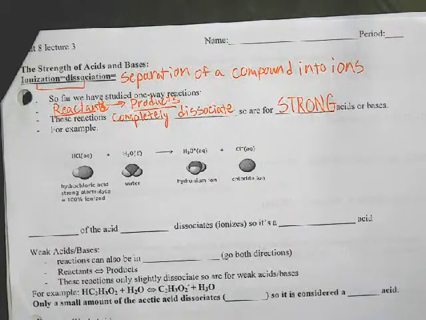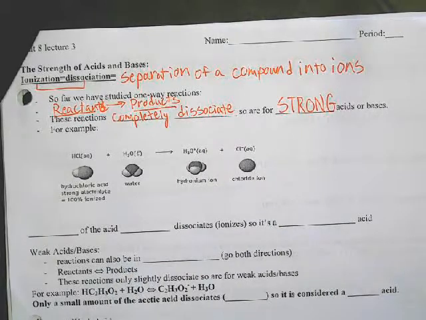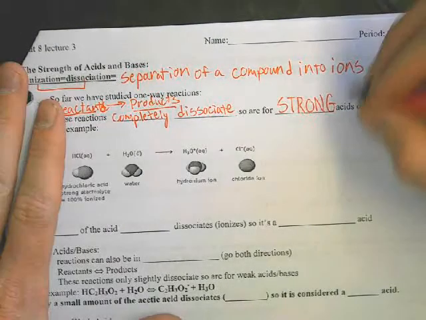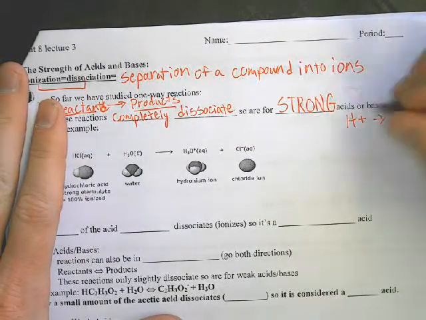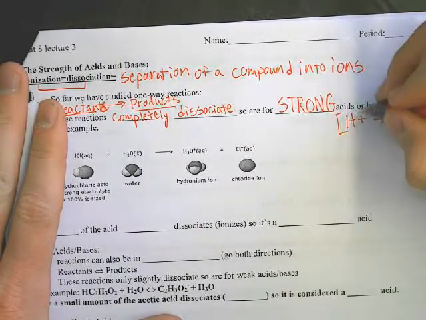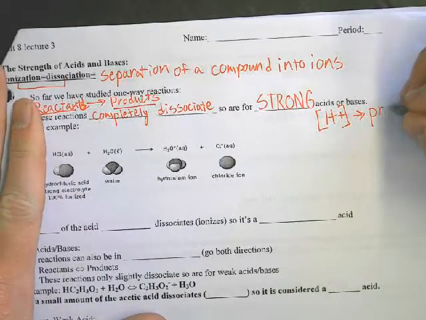Now, one thing we need to look at is what makes an acid or base strong. What gives an acid its strength? The H plus ion. Another name for an H plus ion is a proton.